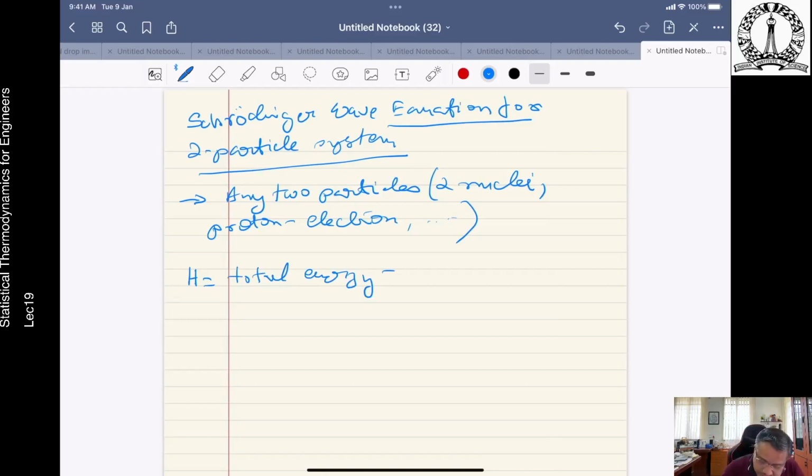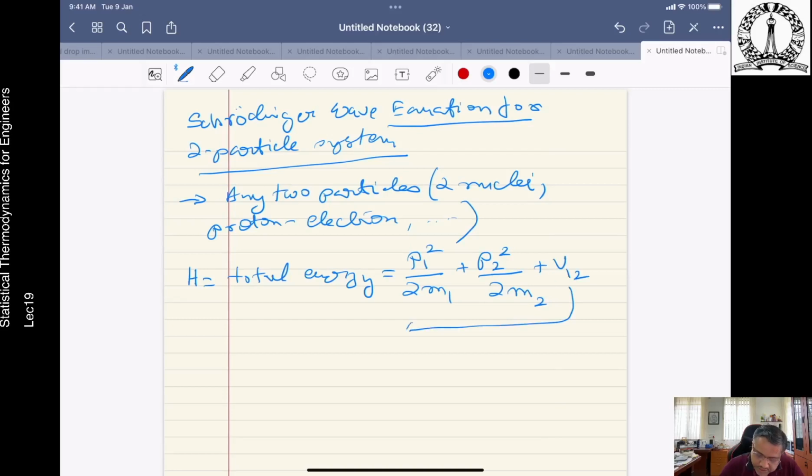In this case, of course, it is not. It's P1 squared by 2 M1, plus P2 squared by 2 M2, plus V12.